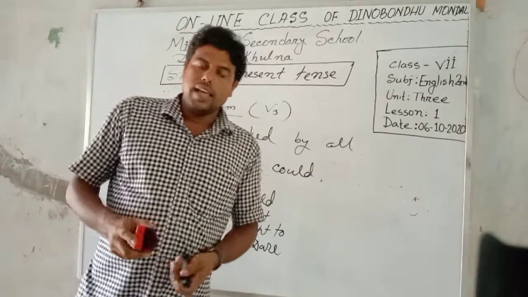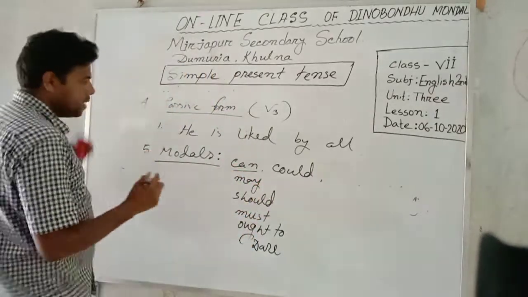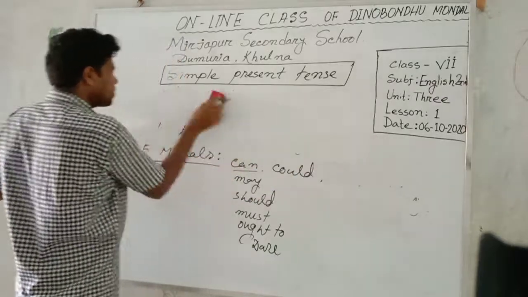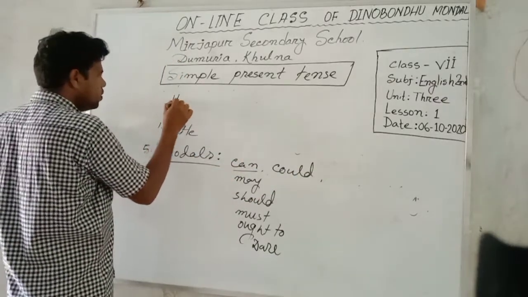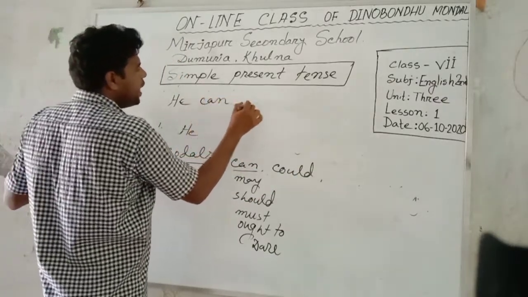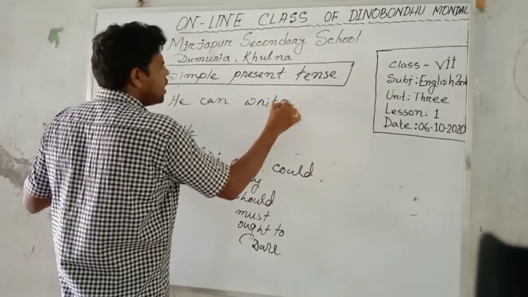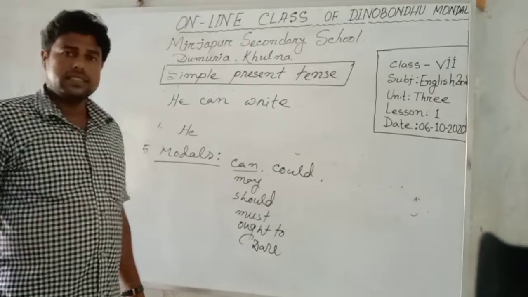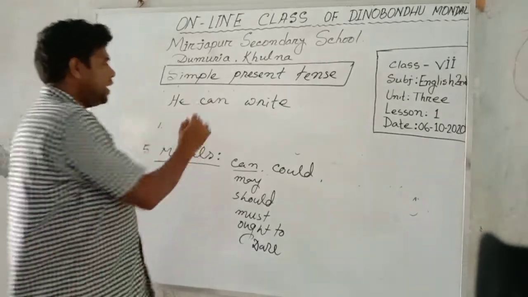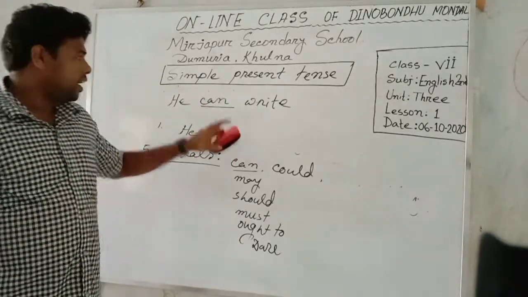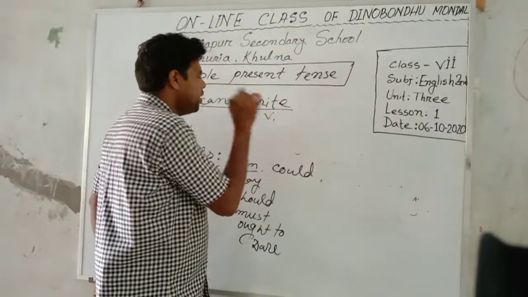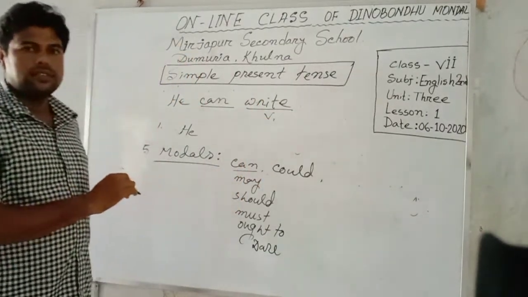So for example, he can ride. And here the modal, and after that the action verb is V1. Okay?